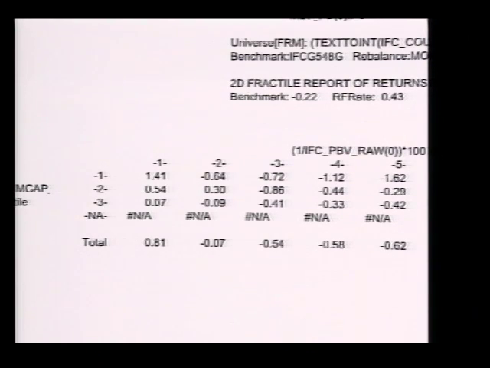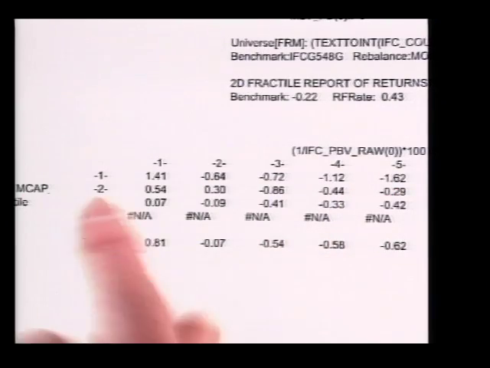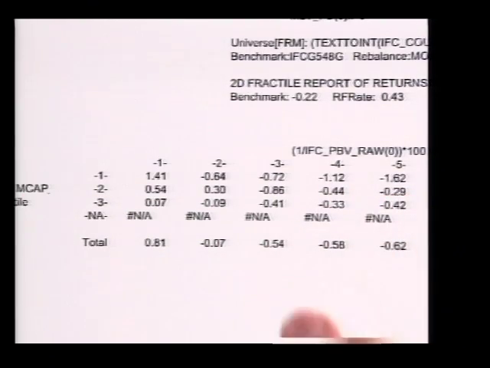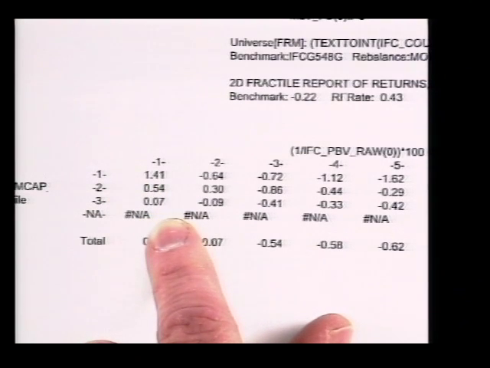This is a bivariate sort of market capitalization and price to book across the top. So quintiles in price to book and tritiles in capitalization for Malaysia. Okay, and this is what the raw output looks like from FactSet. It's part of the raw output, from a special package they've got called Alpha Builder.